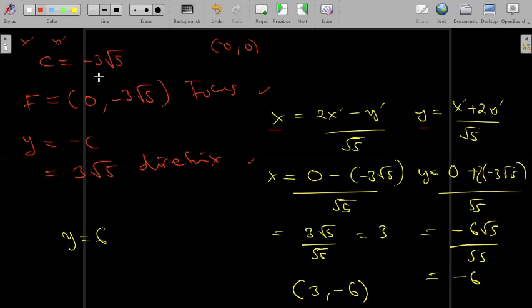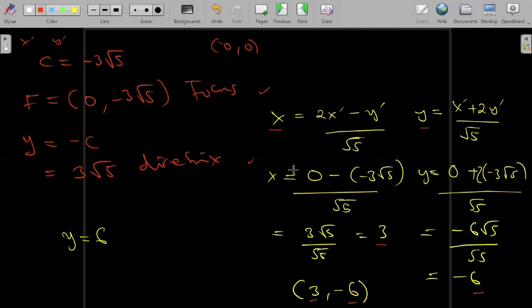So now you need to go back to x and y, not the prime. When we replaced, we worked out and got 3 for the x coordinate, and I did the same for the y coordinate and got negative 6. So this gives me the focus in the xy plane.